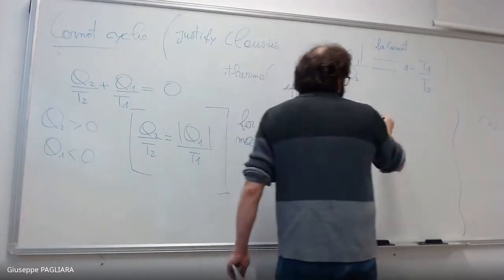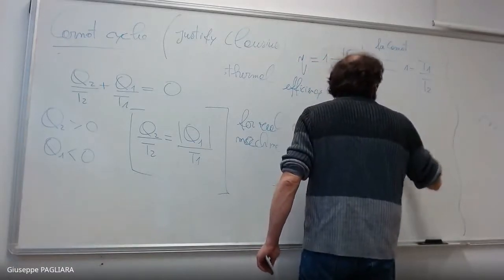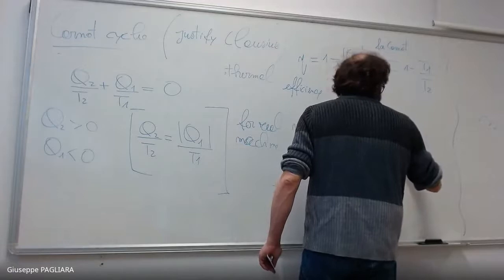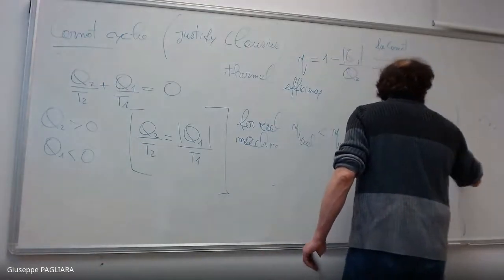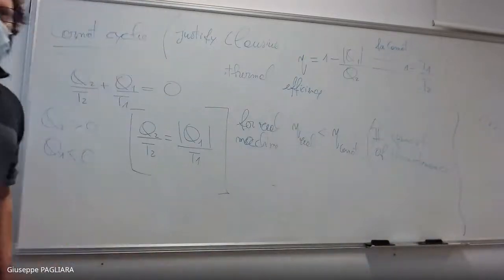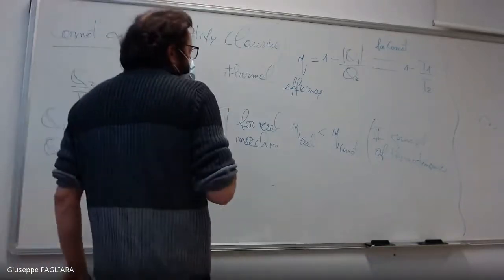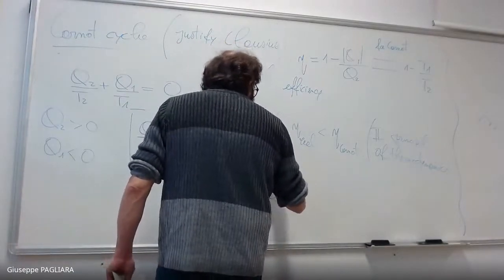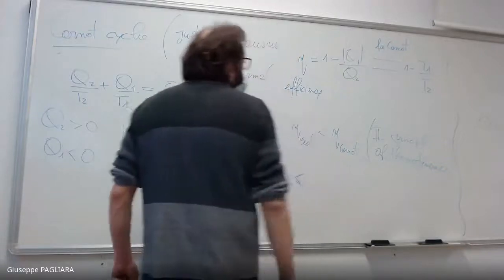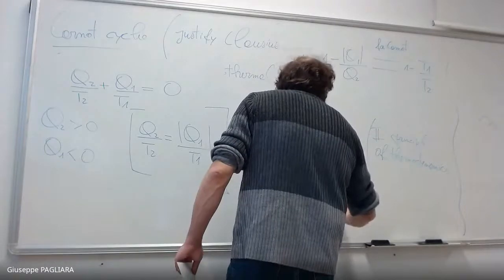This is again the second principle of thermodynamics, which was derived in the first year. And it's another way to express the second principle of thermodynamics, which means that 1 minus the absolute value of Q1 divided by Q2 must be smaller or equal than 1 minus T1 divided by T2.